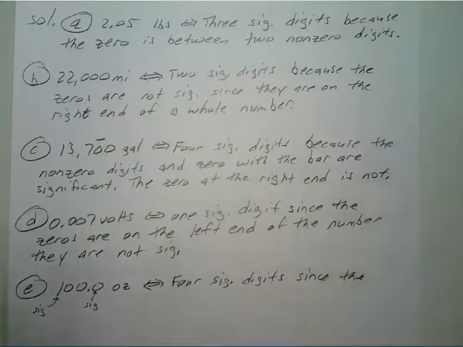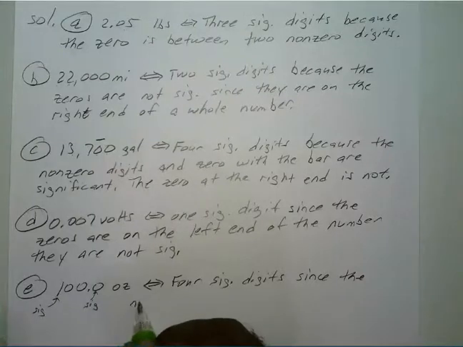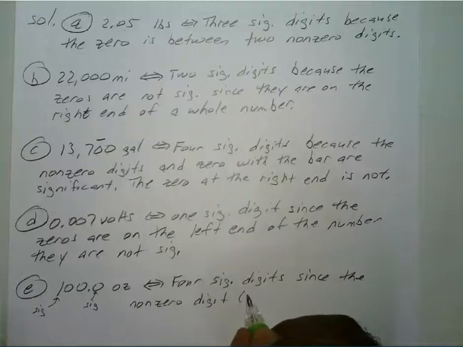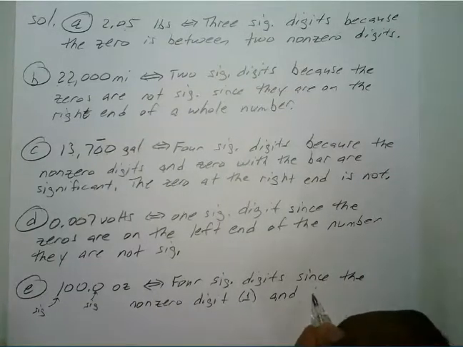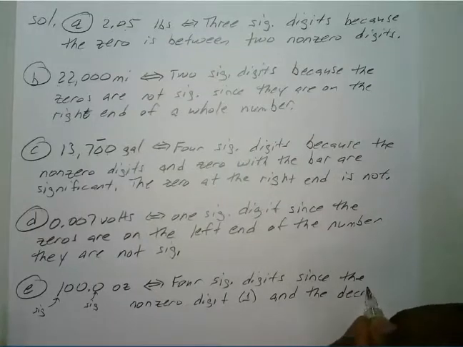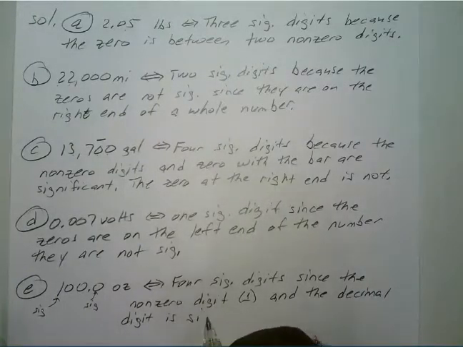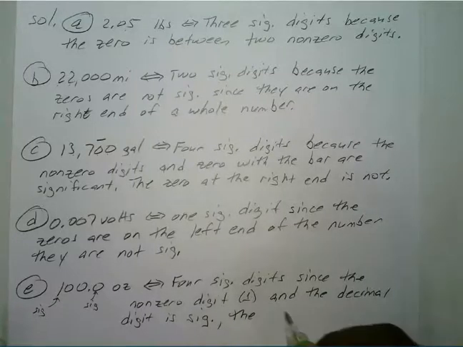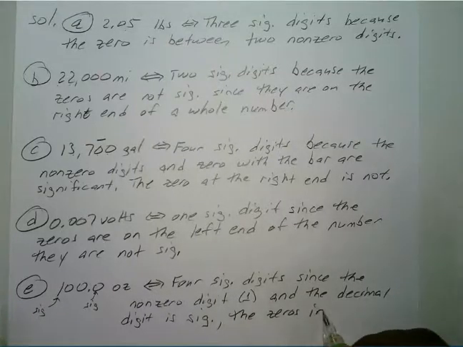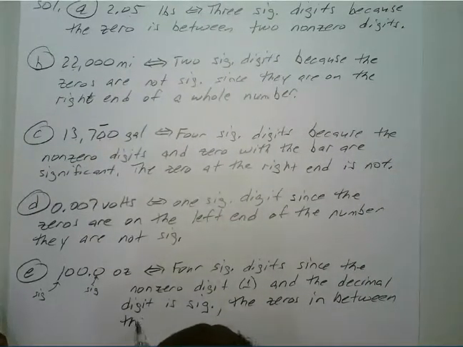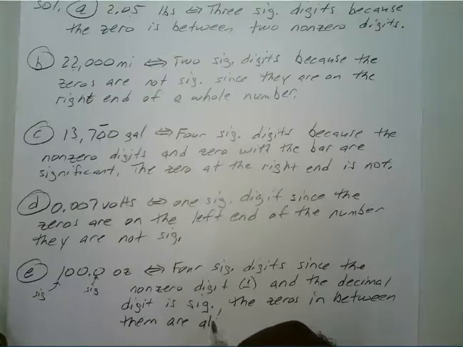Since the non-zero digit, which is the 1, and the decimal digit are significant, the zeros in between them are also significant.